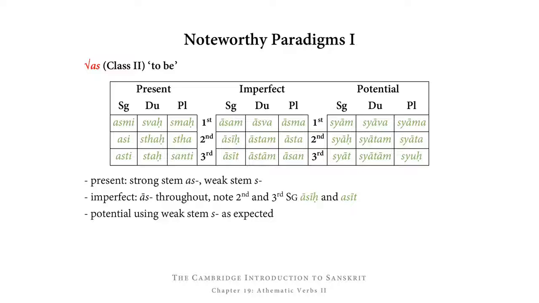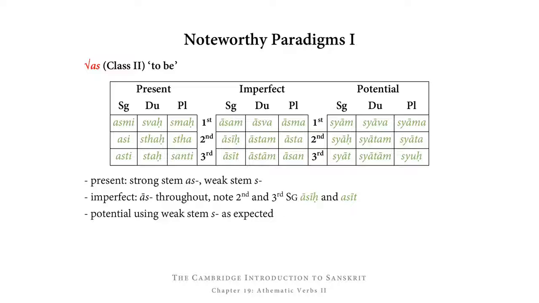Next, in the imperfect, we have the stem as throughout, consisting of the augment a and our stem as. We might expect this stem to be as in the strong forms and s in the weak forms in dual and plural, but it's as throughout. Also, in the imperfect, we need to note that the second and third singular forms are a-sich and a-sit.